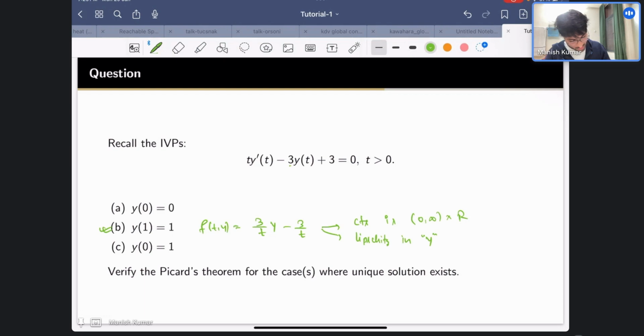So by Picard's theorem, you can conclude that IVP B has a unique solution.